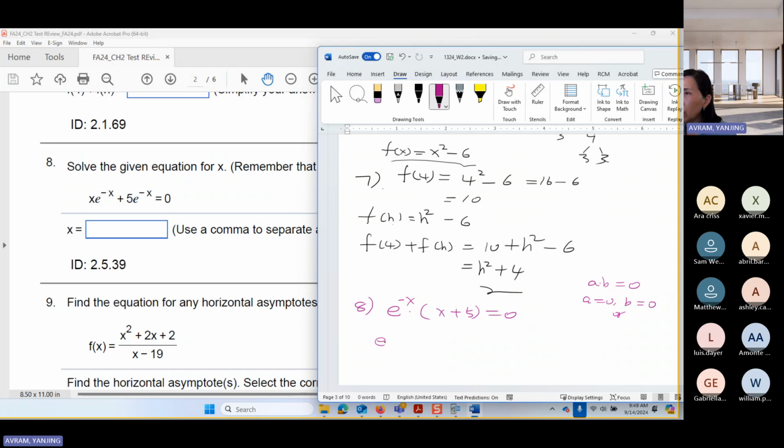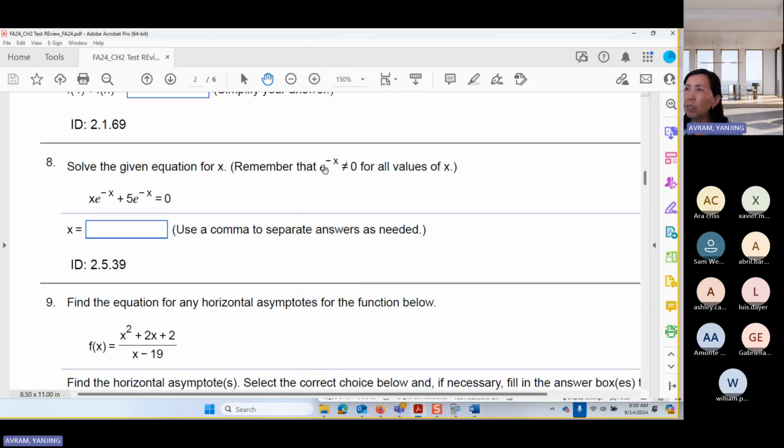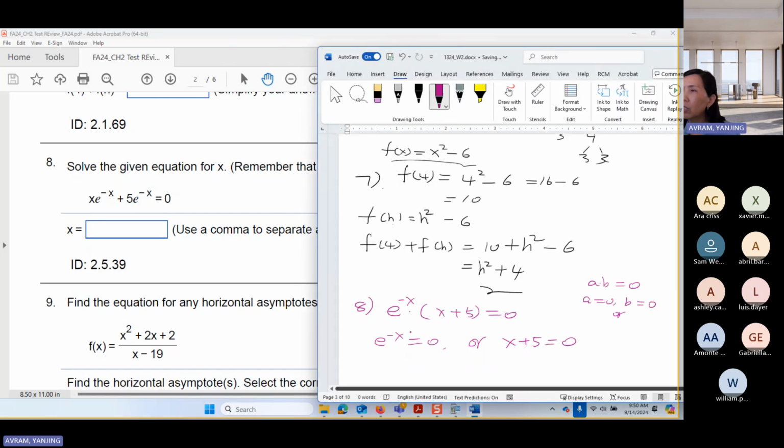This whole thing has two factors. You can have e to the x minus e to the negative x equal to 0 or x plus 5 equal to 0. But the problem already tells you, remember e to the negative x is not equal to 0. So this is not equal to 0. Okay, so the only thing that can be 0 is this one.